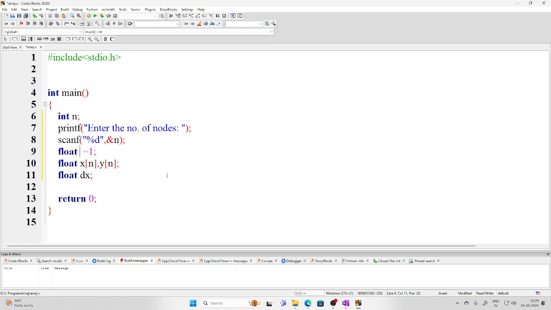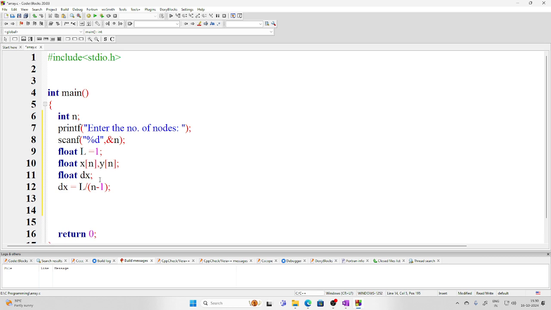So make it capital L. Now it's looking right: the length of the domain is 1, starting at x is equal to 0 and ending at x is equal to 1. Now evaluating dx: dx will be equal to L divided by number of nodes minus 1. Then evaluating the array of x. We can do that inside the loop also, that's not a problem, but still.